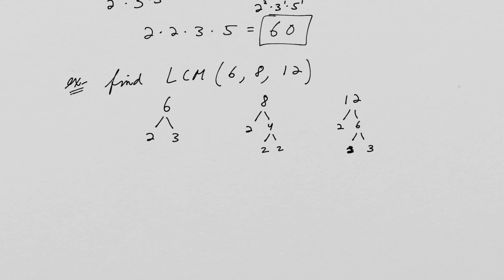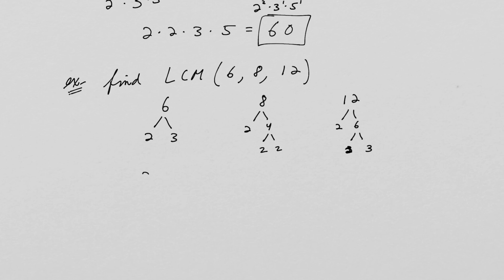Okay, so 6, again, is 2 times 3. 8 is 2 times 2 times 2. If you want, you could write this as 2 cubed, and then 12 is 2 times 2 times 3. I could write it as 2 squared times 3.